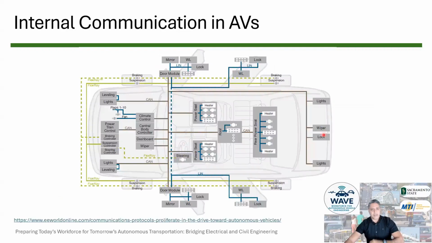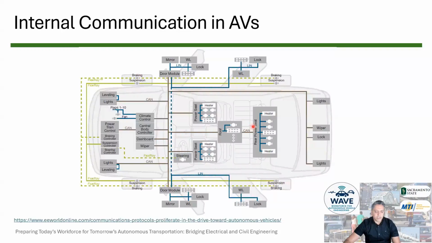This is an example of connecting different parts in an AV, like lights, wiper, lock, roof, heater, power seat, and powertrain control. You can see that there are different categories: some are connected through CAN, some through FlexRay or LIN.